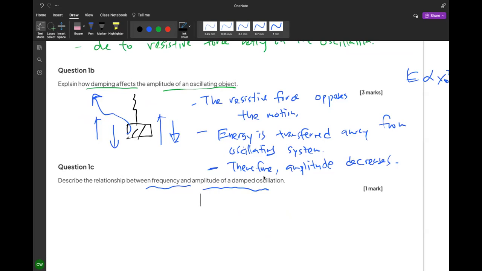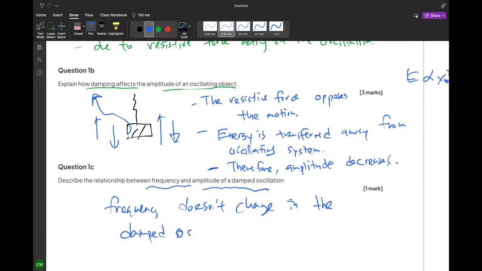Will the period become longer due to damping, or shorter due to damping, or it doesn't change due to damping? Which one is true? Yes, frequency constant. Frequency doesn't change due to damping. So you have to mention frequency doesn't change in the damped system, then oscillation.